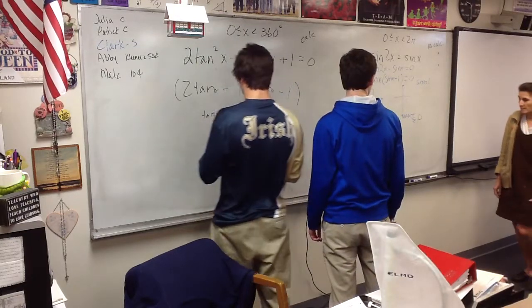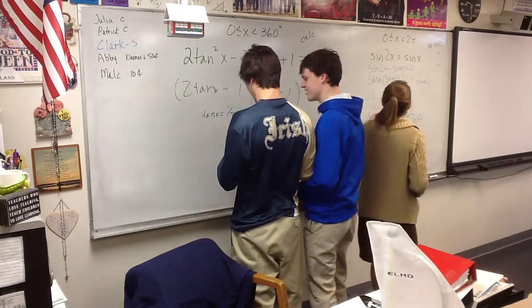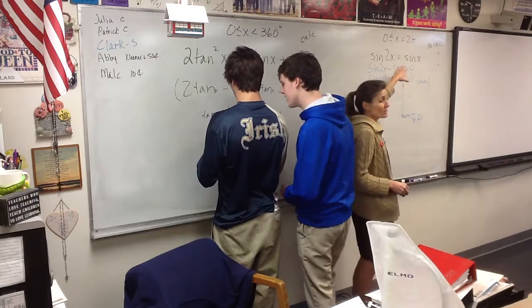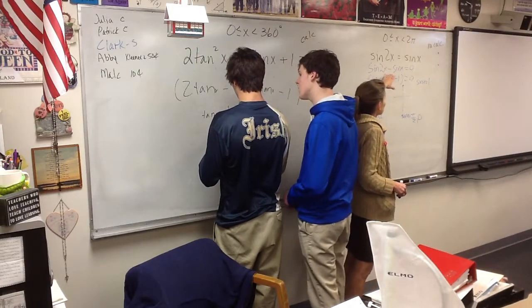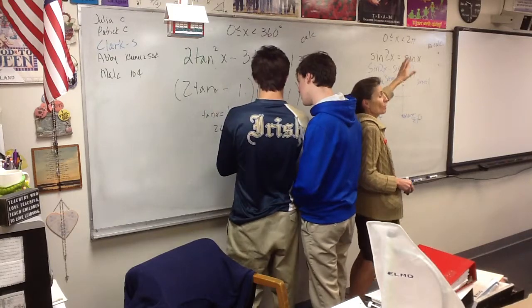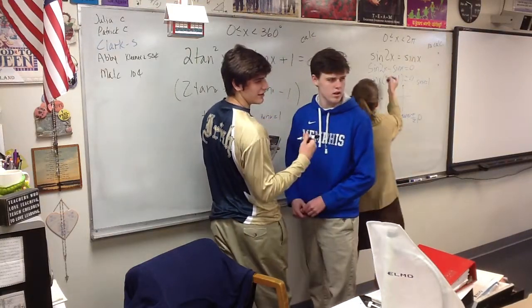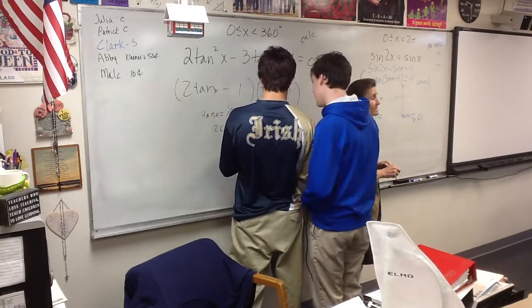No. Let's look at this one for a minute here, and let's make sure we're straight on something. First of all, getting it set equal to 0 is a good idea, great idea. However, this move is illegal as heck.